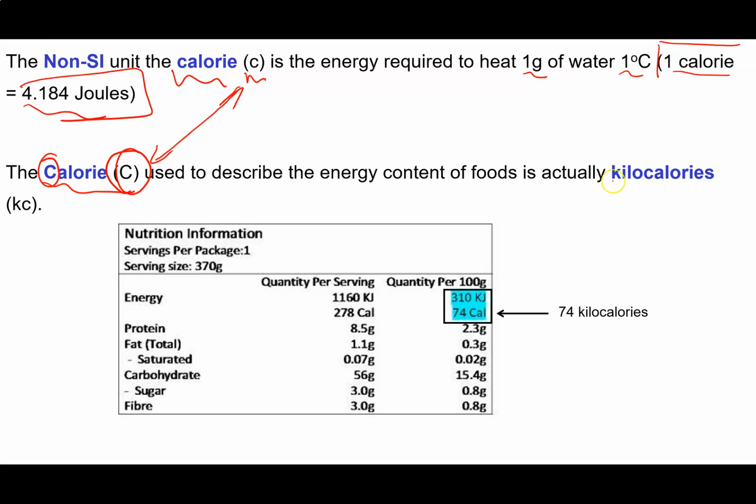It's actually 1,000 regular calories. So 1 big C calorie is equal to 1,000 little c calories. And I guess it's just because no one really wants to be eating 2 million calories a day, so they just made it 1,000 times smaller. So it's a little bit confusing.